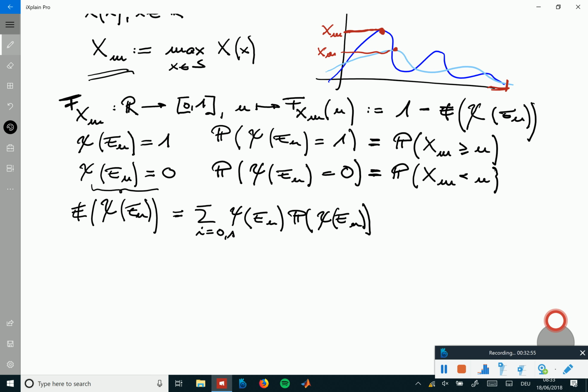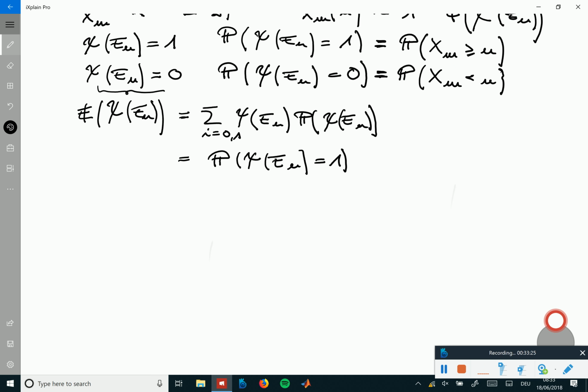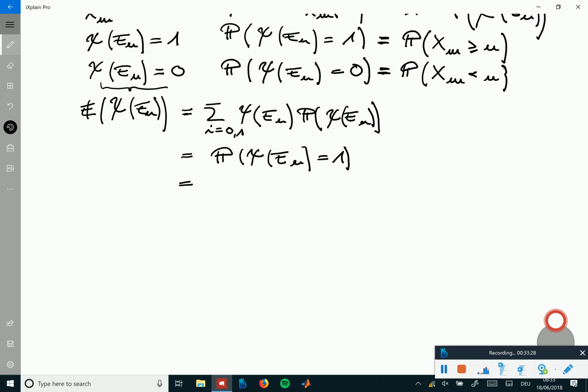Then in the case of the Euler characteristic being 0, we have 0 times the probability that the Euler characteristic is 0, which is 0, and then we add to it the value of the Euler characteristic 1 times the probability that the Euler characteristic is 1, which means that we get the probability that the Euler characteristic equals 1, which is the same, because we discussed it previously, as the probability that the maximum is larger than u.